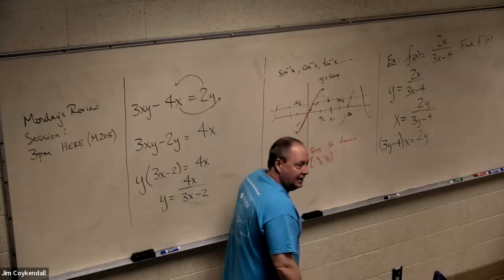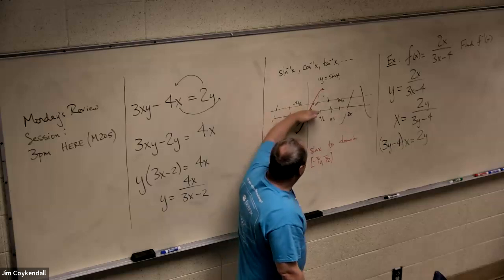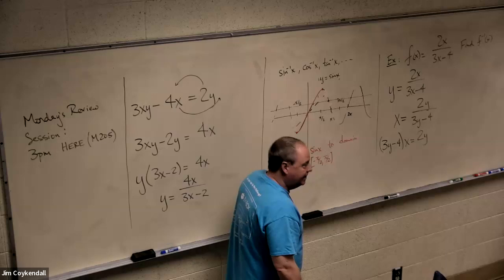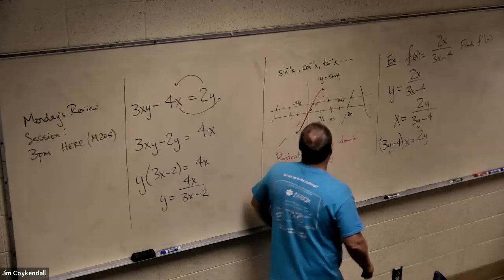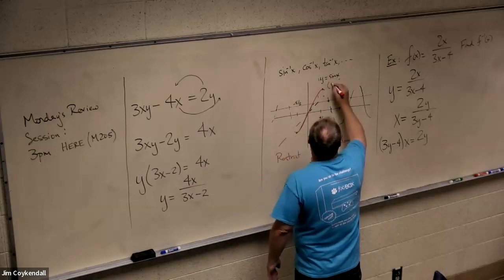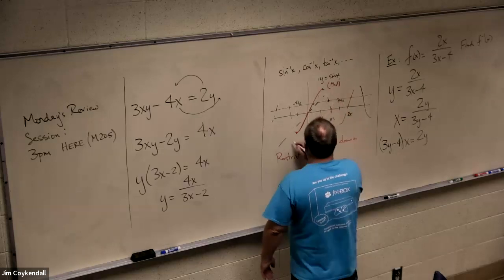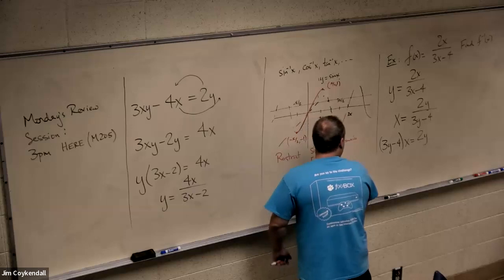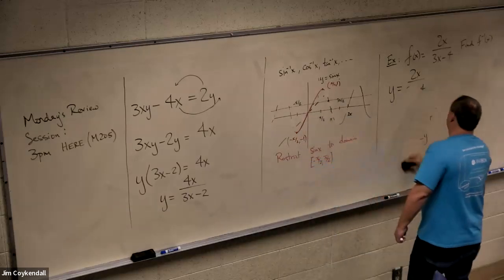Now, just the red bit is one-to-one. Everybody agree with that? Because you can't pierce that with a horizontal line. Now just take this. So for example, this is the point (π/2, 1), and this is the point (−π/2, −1). And you get the inverse sine.